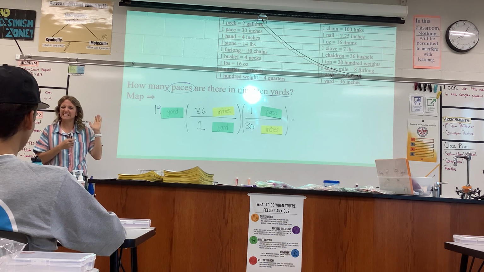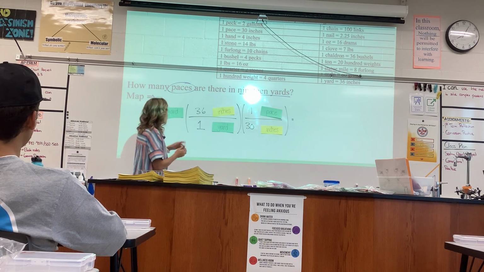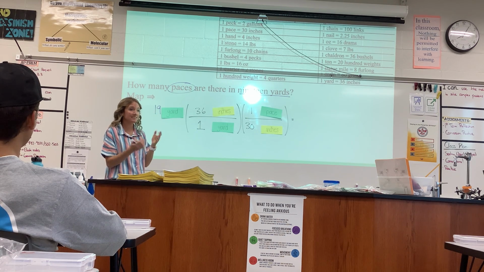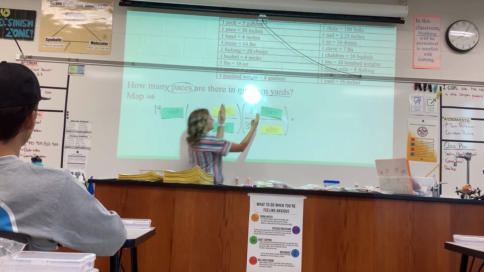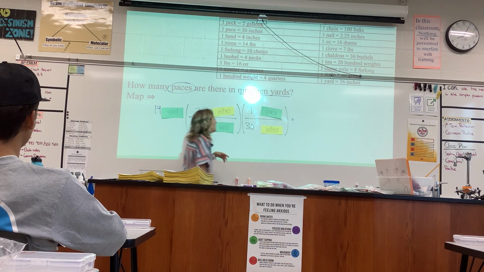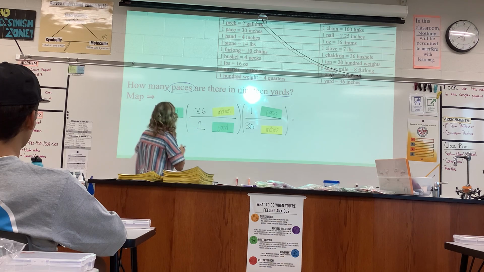Okay, questions on the setup before we type it in? Okay, the way I would type this into my calculator, you could type them in as actual fractions, right? So you do 19 times 36 over 1 times 1 over 30, as a fraction inside parentheses. When you have a lot of number ones, I simplify what I type in my calculator.